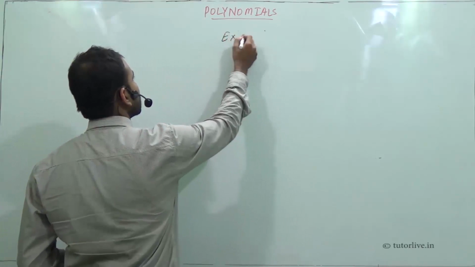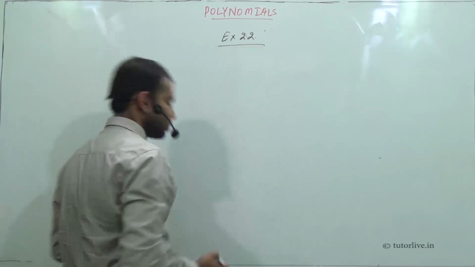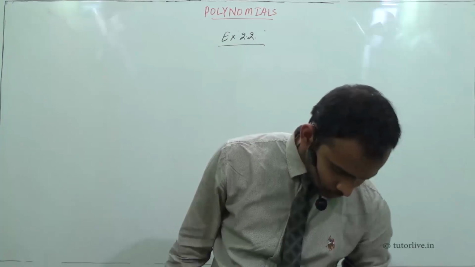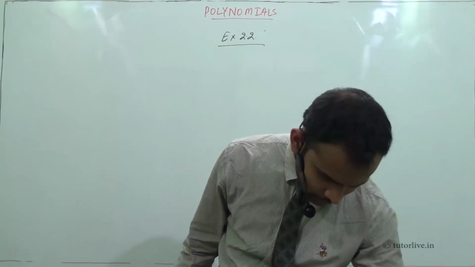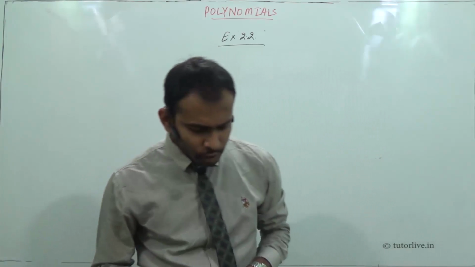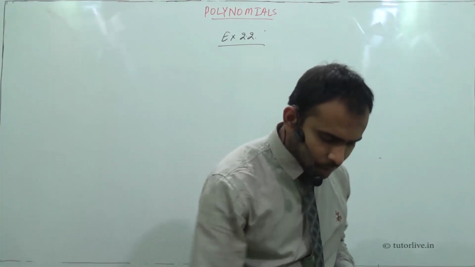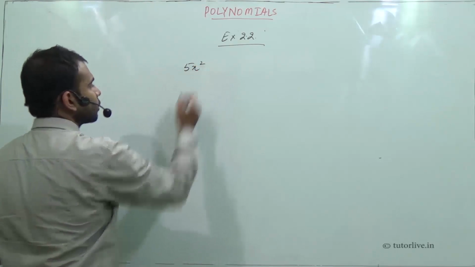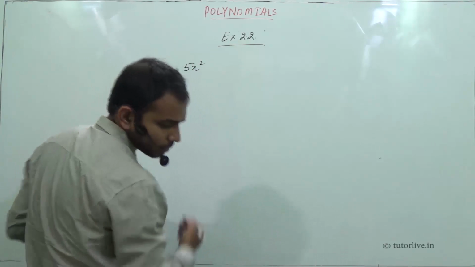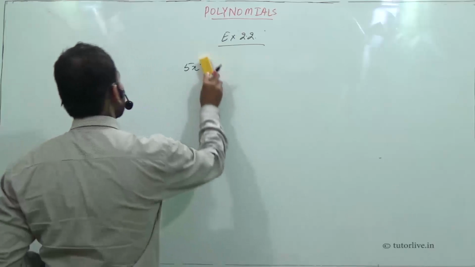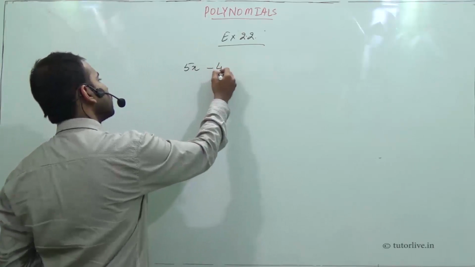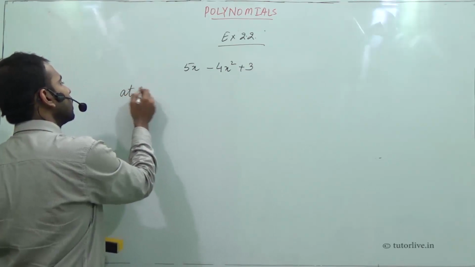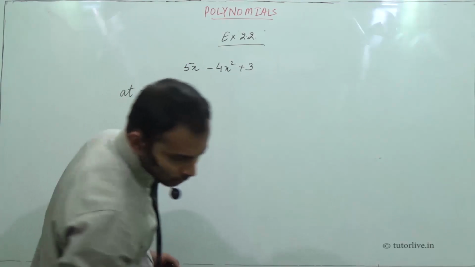Exercise 2.2. Find the values of the polynomial 5x minus 4x square plus 3 at x is equal to, the first part is 0.